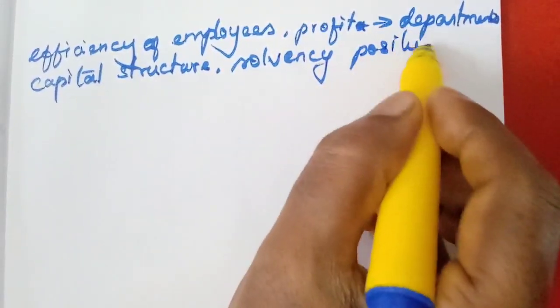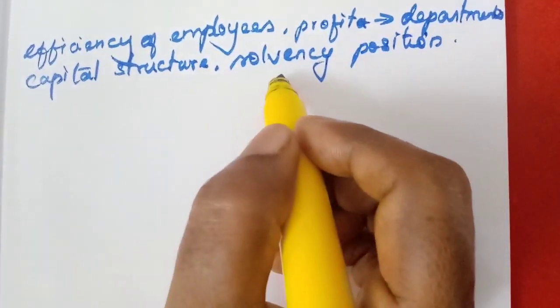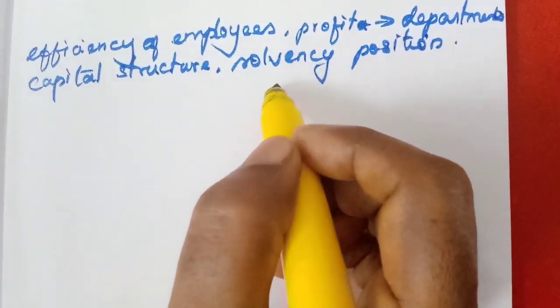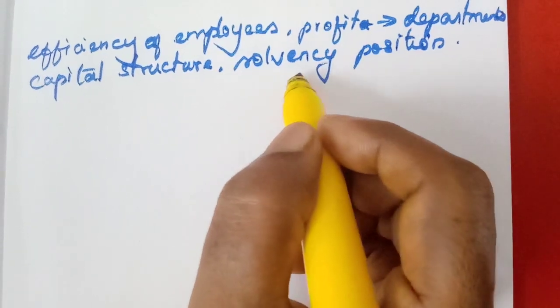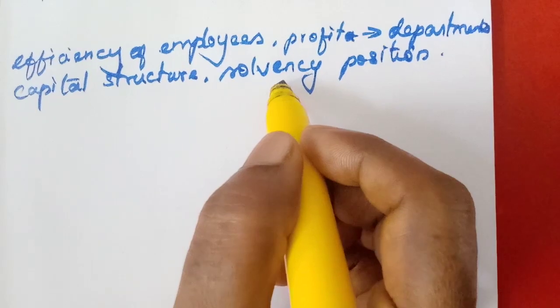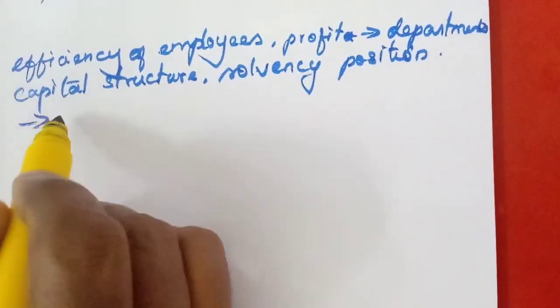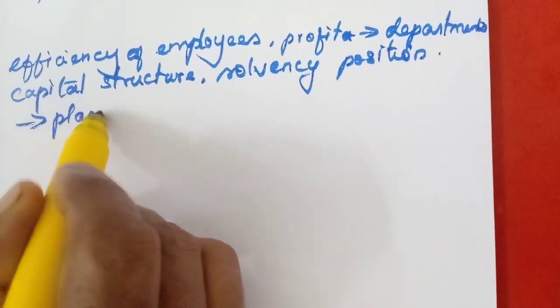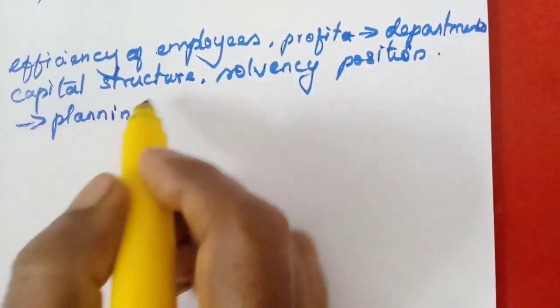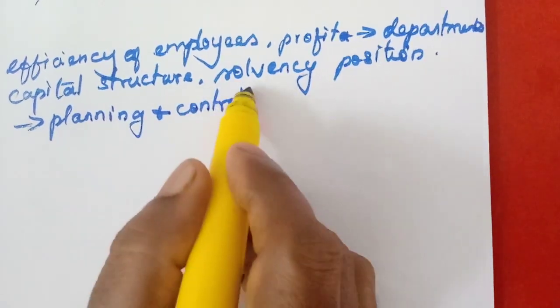Solvency position: whether the assets available, maybe the current assets available, are enough to pay the current liabilities. All these they will analyze in order to plan for the future, for planning. And they will control. If there is any deviation, what will they do?